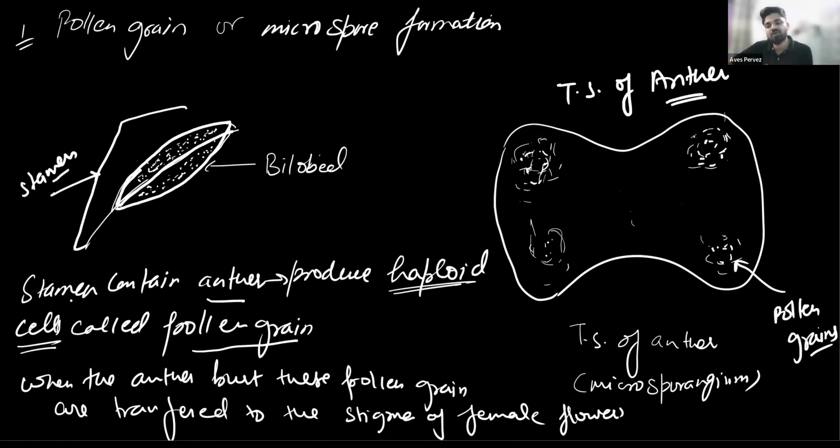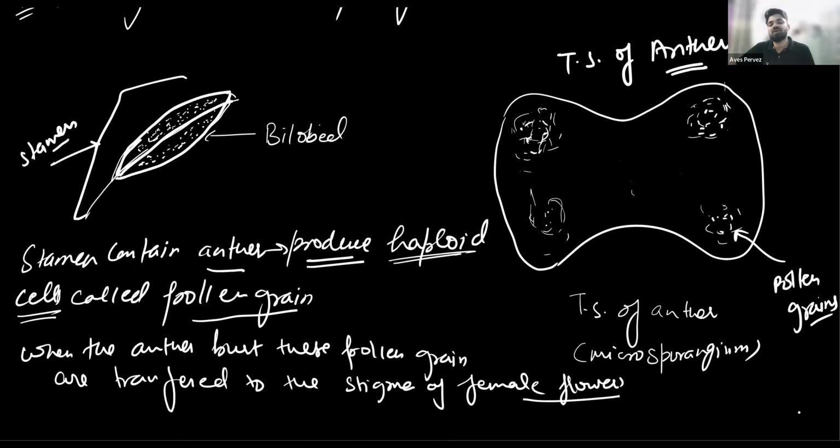So the anther produces haploid cells, which we call pollen grains. When the anther bursts, the pollen grains inside it are scattered or transferred to the stigma of the female flower. Okay, so please note it down.